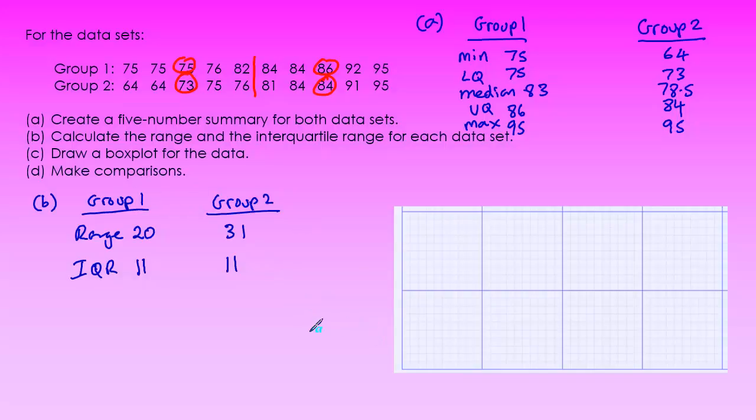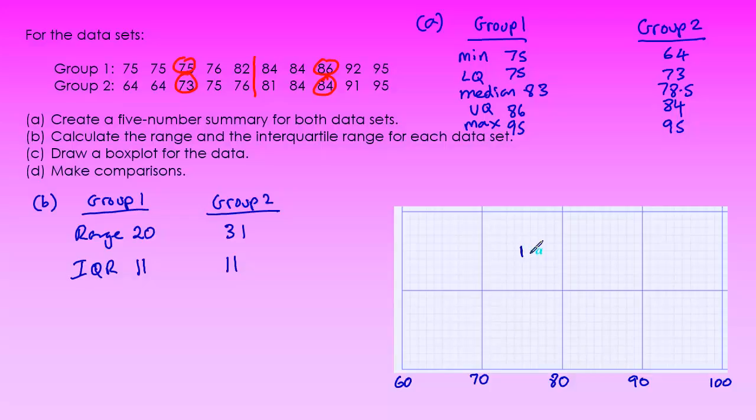And now we want to draw a box plot for the data. So if we start here at 60, 70, 80, 90 and 100. So we'll do group 1 at the top. So the minimum is 75. So 1, 2, 3, 4, 5.